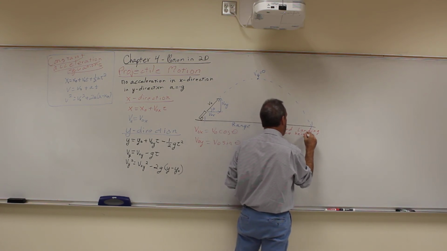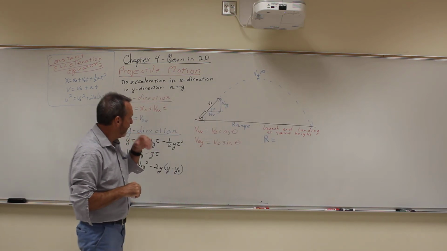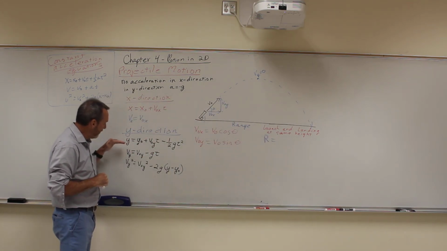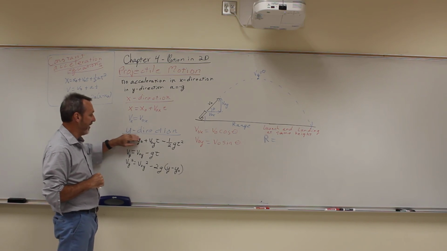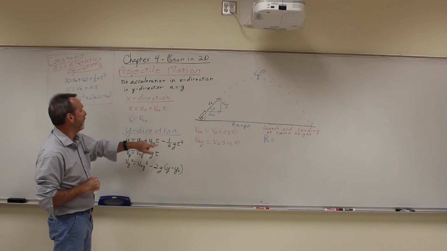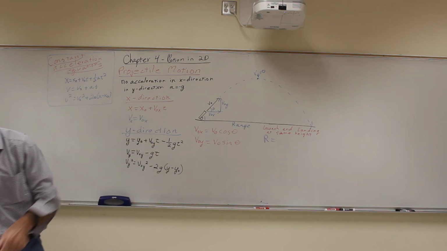If they're at the same height, then y will be equal to y naught. So this is going to be 0 here, and this is going to cancel each other out. And we can actually solve this for t. We can plug it back into here, and we can get an equation to get the distance.